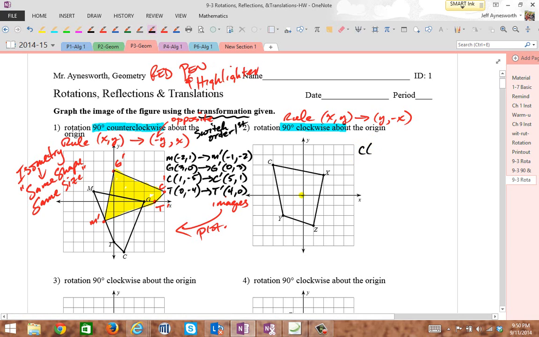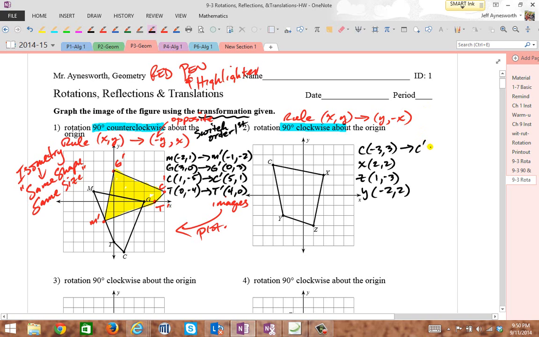So we want to write down the points. Left 3, up 3, so C is (negative 3, 3). X here, (2, 2). Z is right 1, down 3, so (1, negative 3). Y, left 2, down 2, is (negative 2, negative 2). And you want to rotate according to the rule, so you switch and take the opposite of x.